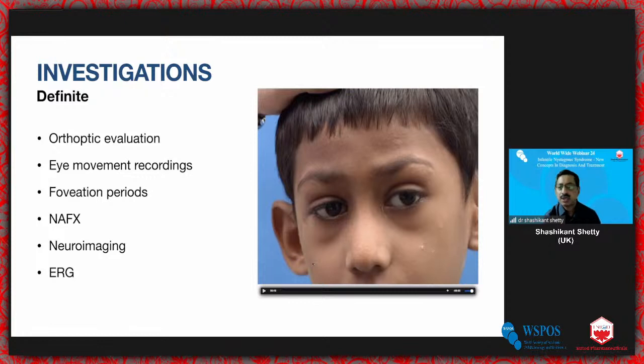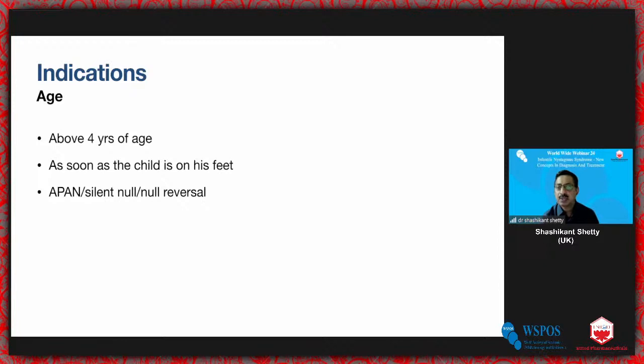Periodic alternating nystagmus can be suspected in patients with INS who have a latent component and fix in abduction, and when they have changing visual acuity at different visits. So you should be suspecting aperiodic alternating nystagmus.